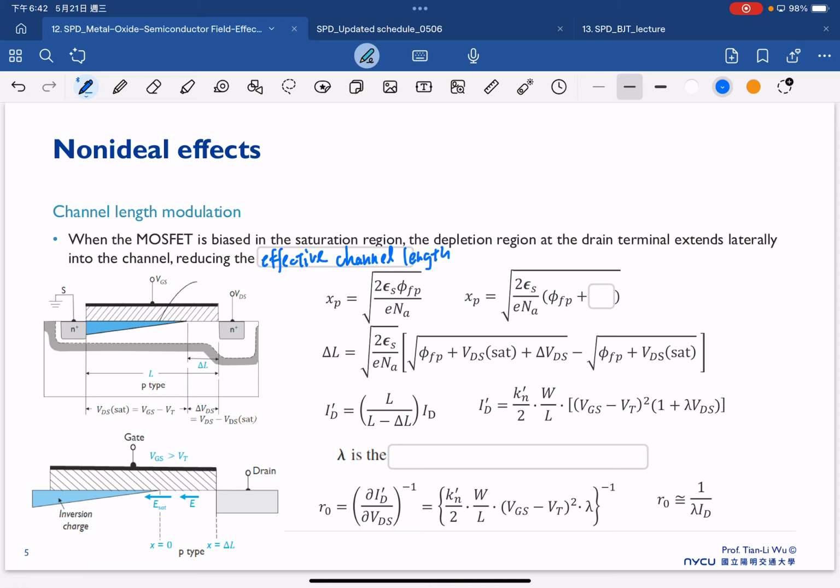So what does this mean? This means that, as you know, once we increase our drain bias, the depletion region in this PN junction extends due to the large reverse bias. So VDS increases, and therefore the depletion width increases.